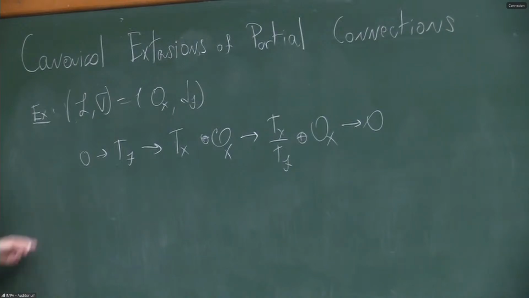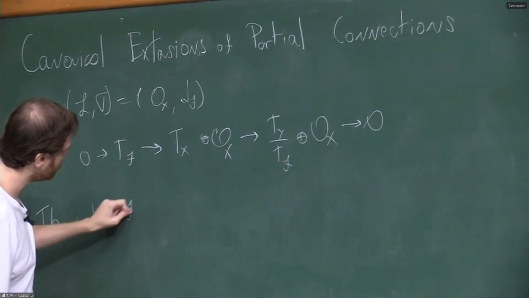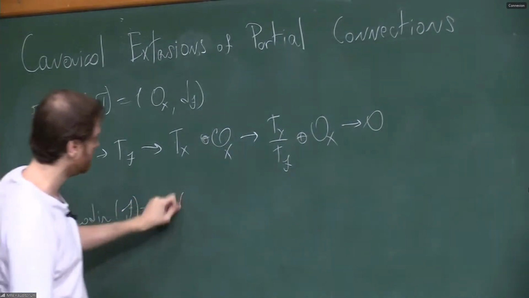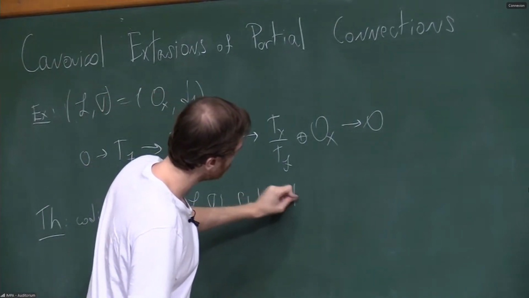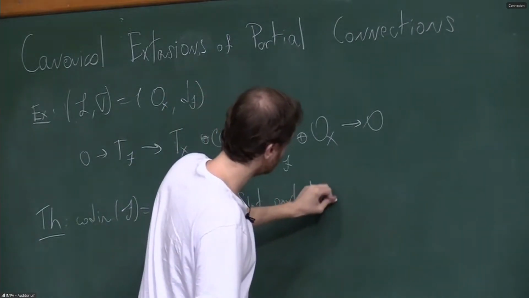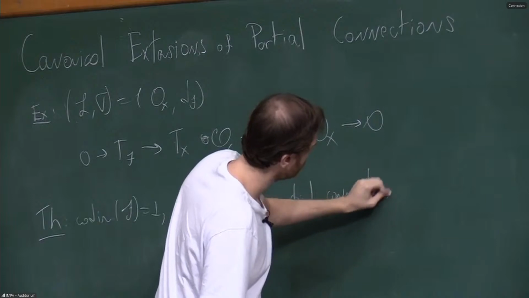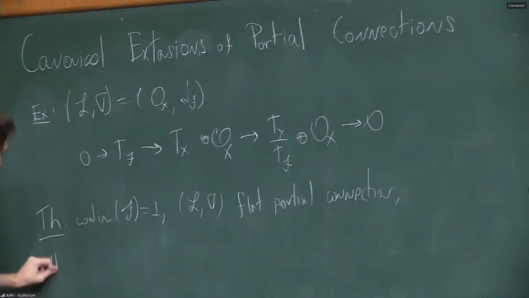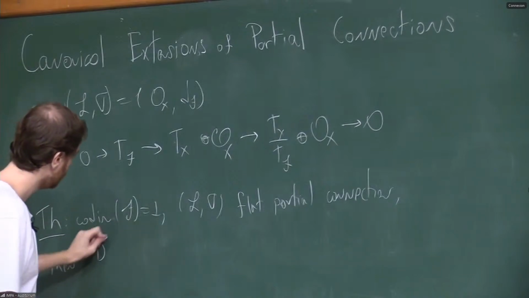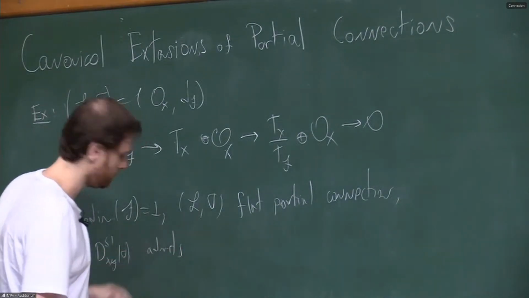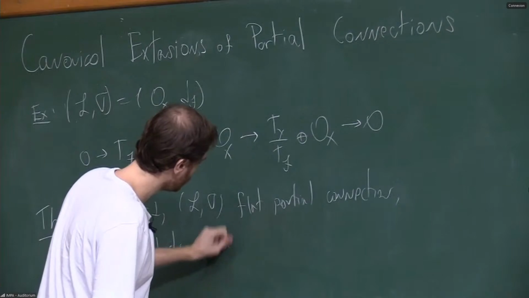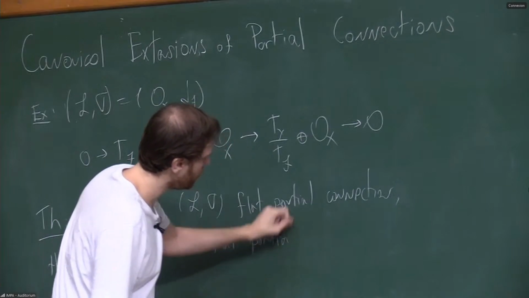Okay, so theorem. If you take a codimension 1 foliation and a flat partial connection nabla on L, then this sheaf that we just constructed admits a flat partial connection.